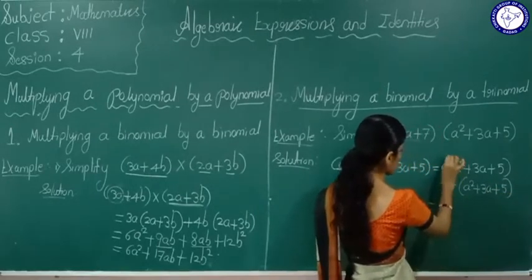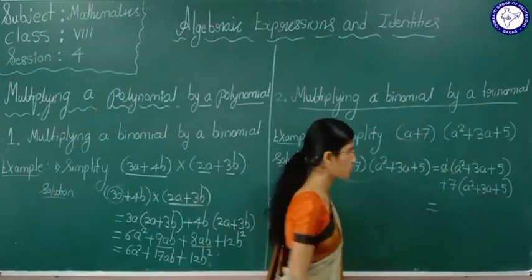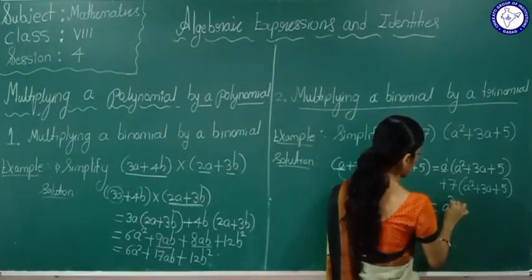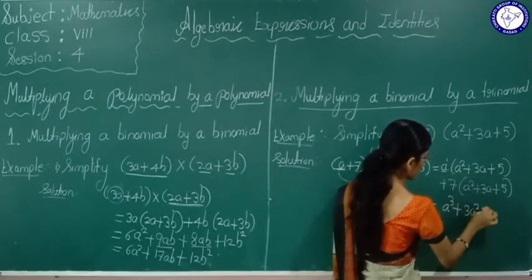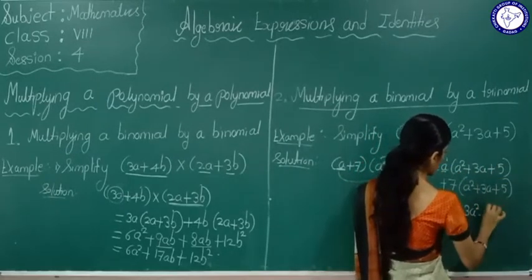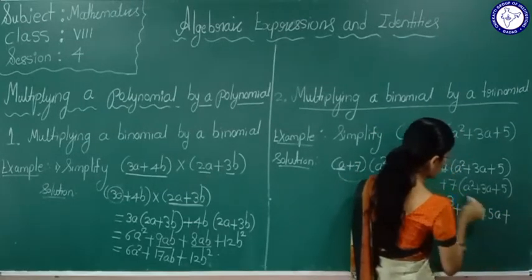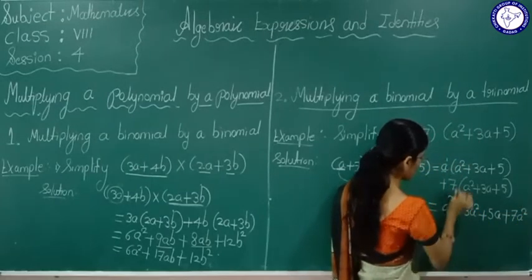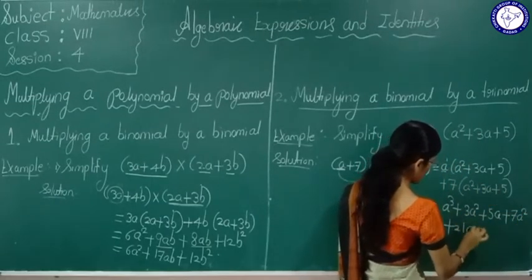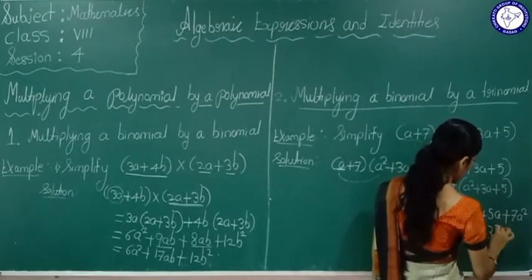So now see, a multiplied by a square, what will it become? a cube. Yes, a cube plus 3a into a is 3a square plus a into 5 is 5a, plus 7 into a square is 7a square plus 7 3s are 21a plus 7 5s are 35.